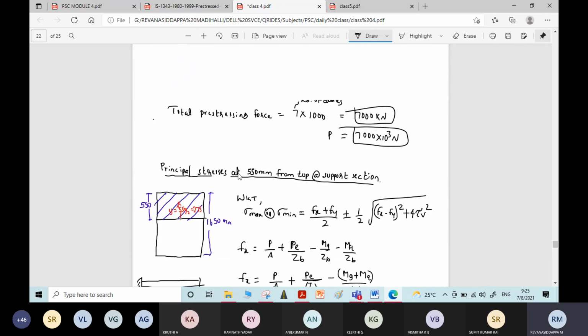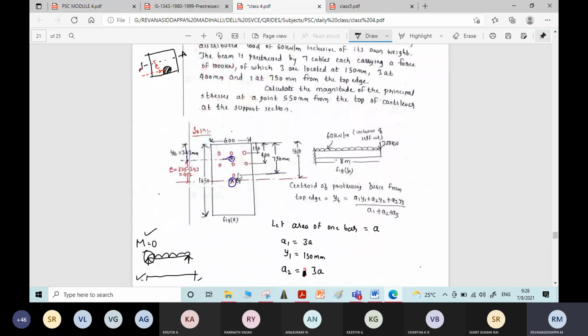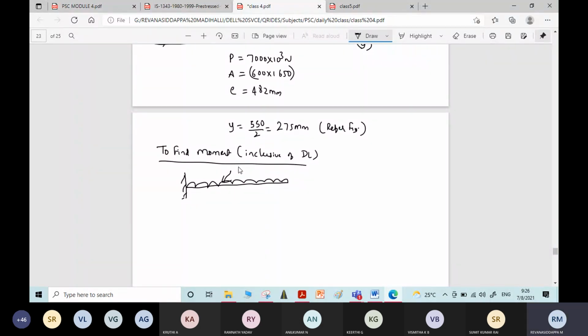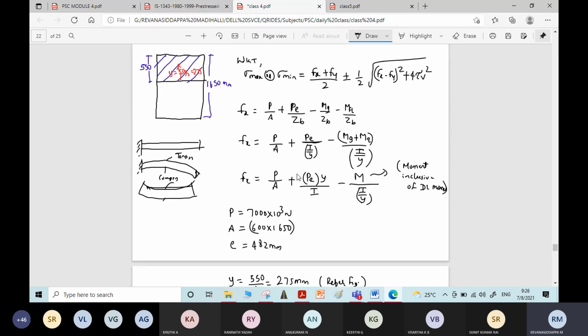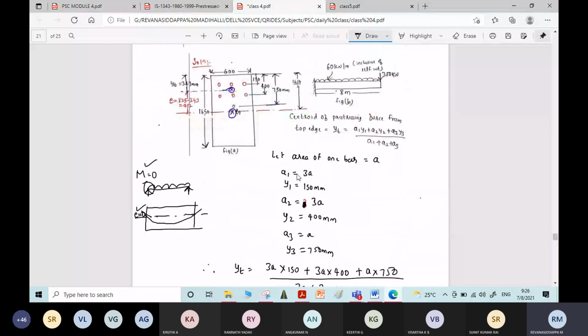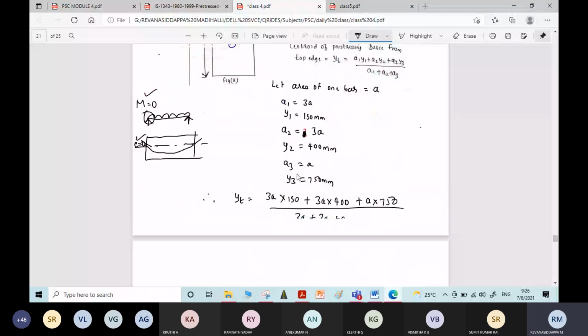Intensity of UDL is 60 kilonewton per meter, and a point load at the end of the beam, that is 350 kilonewton. And here don't get confused.